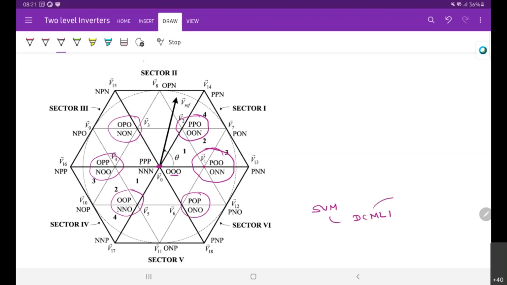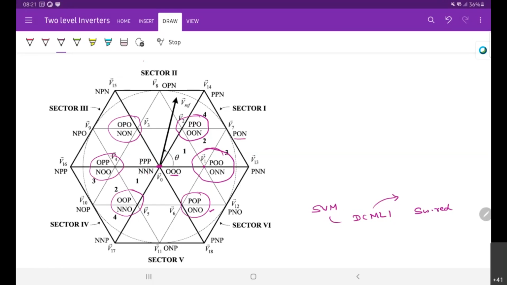Normally diode clamped multilevel inverters have no switching redundancy, but with space vector modulation we can get some switching redundancy for small vectors and zero vectors. We will see how to use this switching redundancy in later classes.